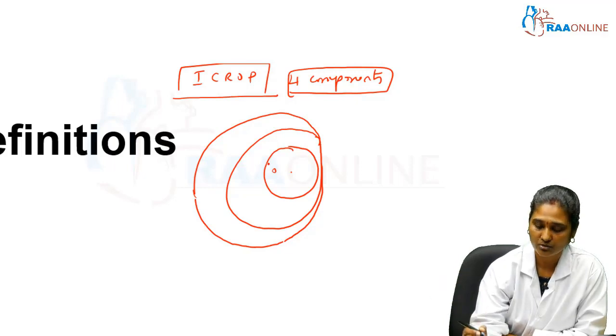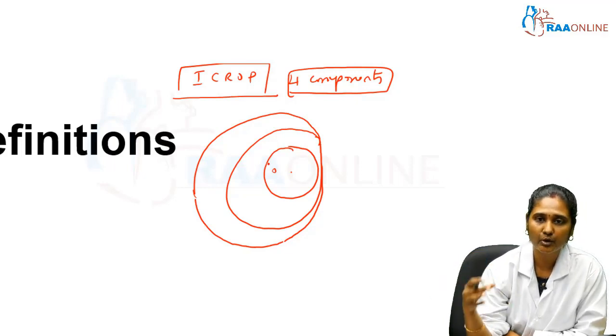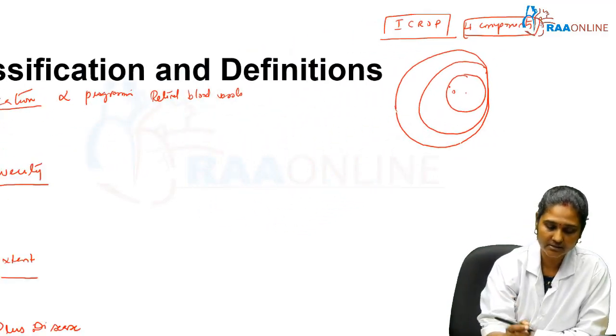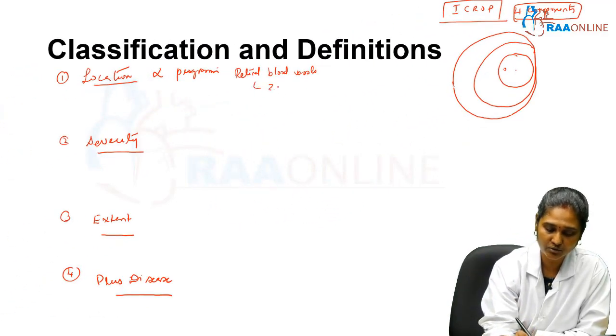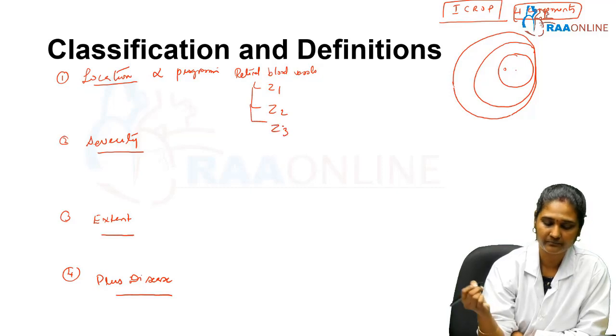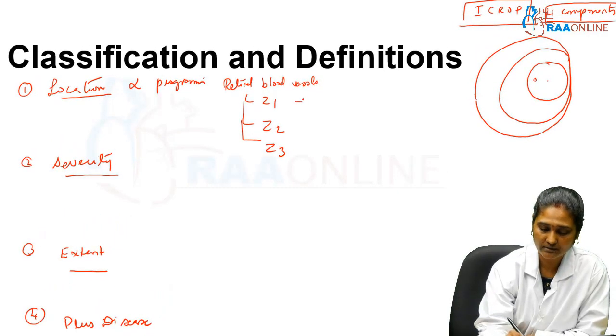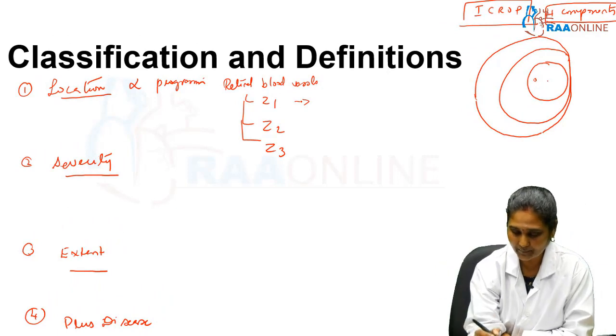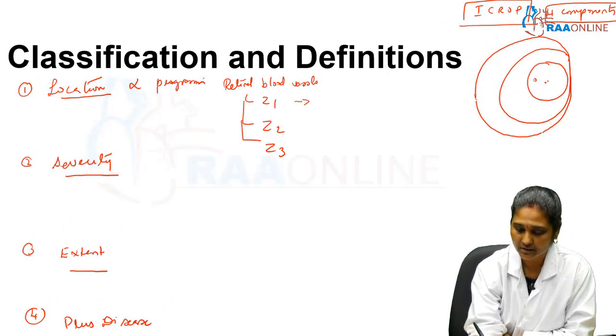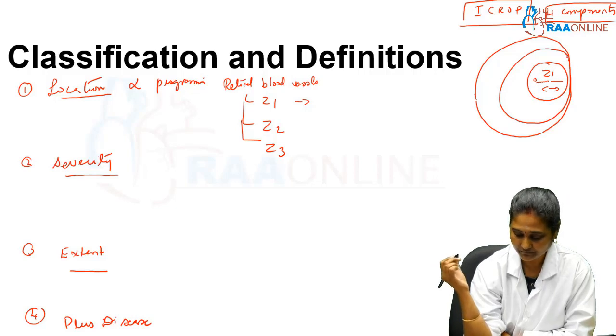Based upon the progression of the retinal blood vessels, it is classified into zone 1, zone 2 and zone 3. Zone 1 is the optic nerve at the center with a radius of twice the distance from the optic nerve to the macula on both sides. This is considered zone 1.